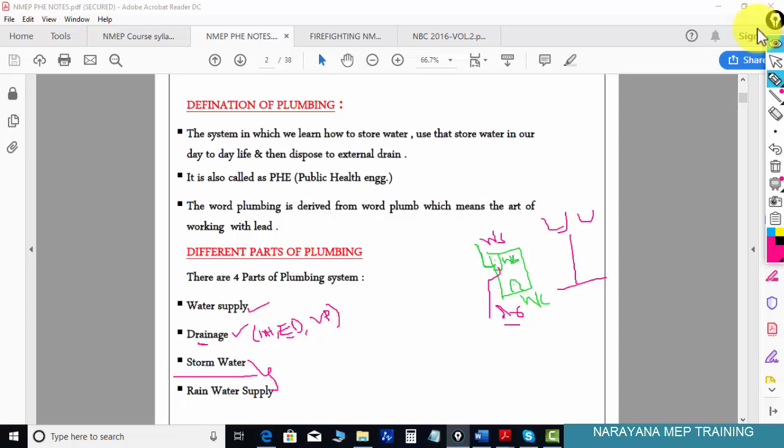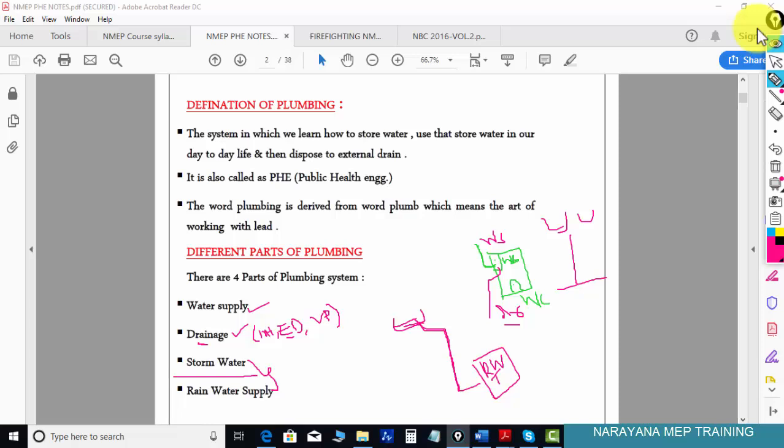Rainwater is whatever comes on the terrace, the top of the tower, which will be controlled and collected and will go to the rainwater tank. Just understand this for now; detail we'll have at a later stage.